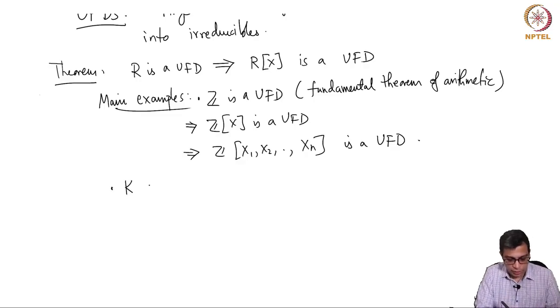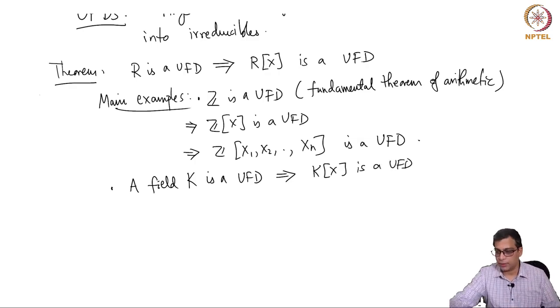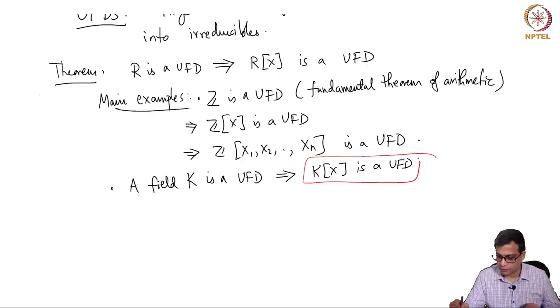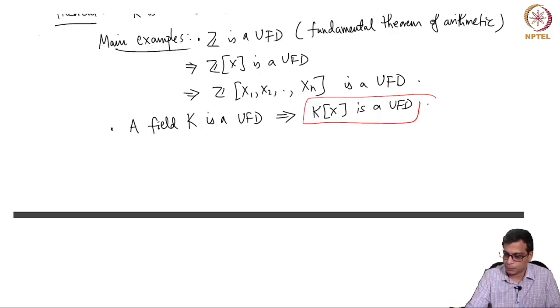Similarly, a field K is a UFD, so K[x] is a UFD. This is in fact the most important statement for us: a polynomial ring in one variable over a field is a UFD is a very important fact for us.